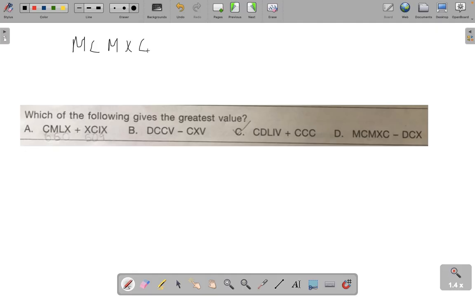MCMXC. What is the value for this? Sir, the value for this is 1590. Okay, so you don't have to subtract this first, just tell me the value for this. Sir, 1590. How come?